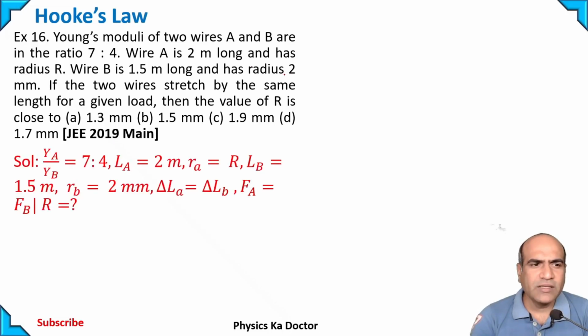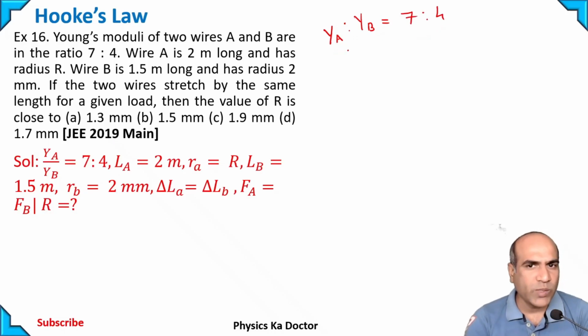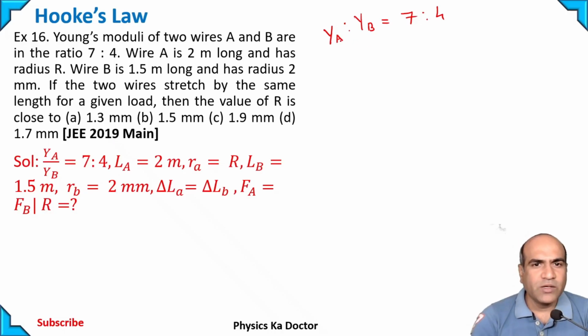Okay, let's solve it. First, Young's modulus is given, so we can take YA and YB, and this ratio is given as 7 to 4. Let's assume A for the first wire and B for the second wire. So we can write YA by YB is equal to 7 by 4.